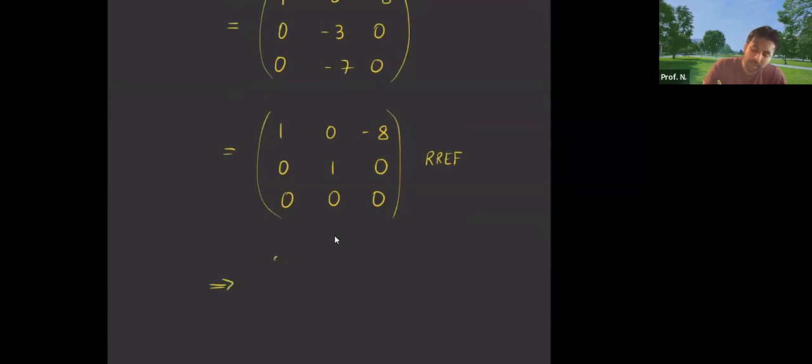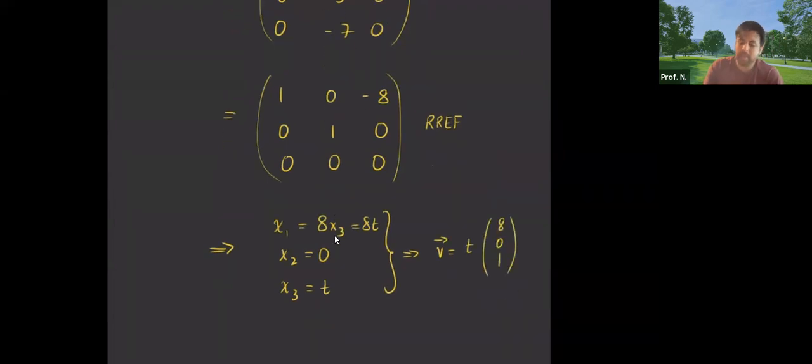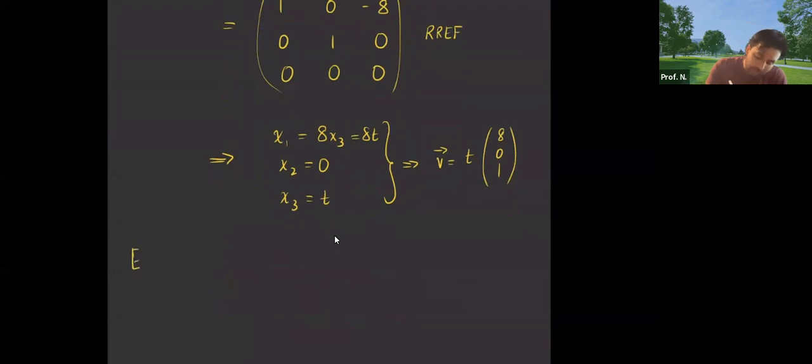What information does this give me? It gives me that x1 equals 8 x3. It gives me that x2 again is 0, and x3 is also the free variable. So my eigenvector is t of 8, 0, 1. So what's the eigenbasis for lambda equaling positive 5?